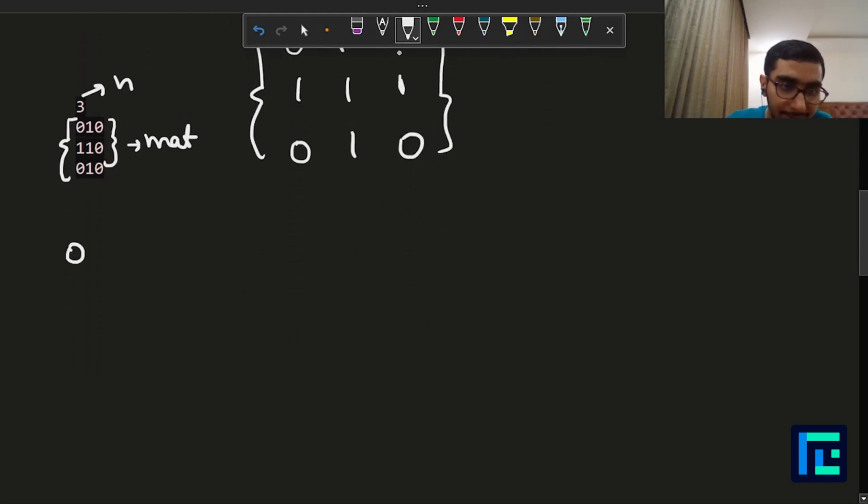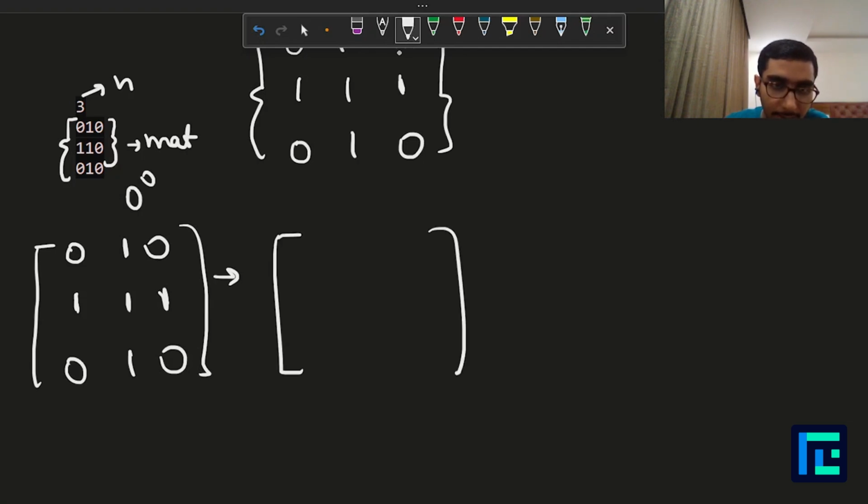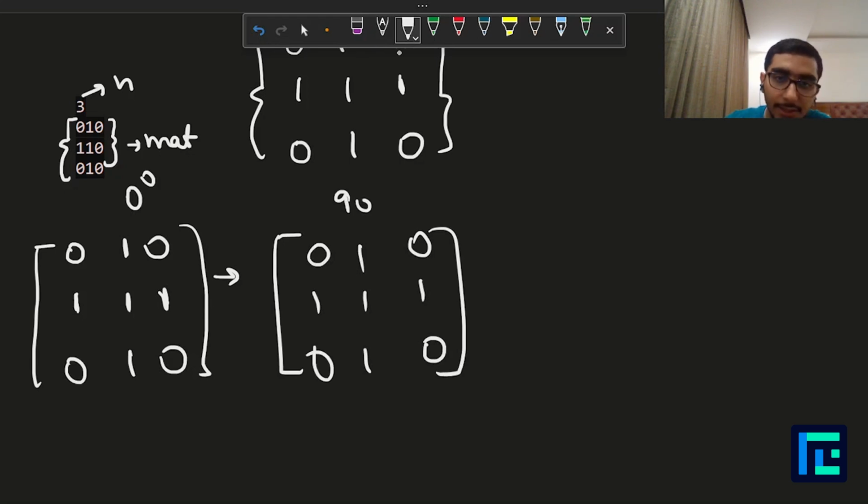Now keeping this matrix as original, let's try to rotate it and see what happens. So this is our 0 degrees rotation. Let's rotate it by 90 degrees, and you'll have 0 1 0 and 1 1 1 and 0 1 0. So at least for the 90 degrees rotation, I know that it will remain the same.